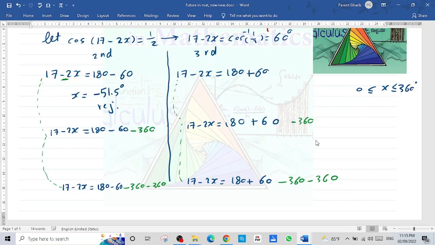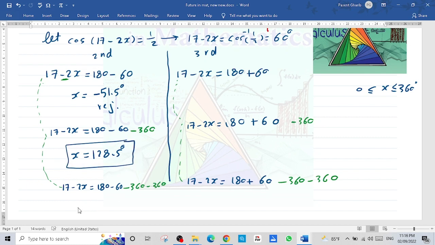Negative 51.5 is outside the domain, so it is rejected. In this case, x equals 180 − 60 − 360 − 17 from the other side, divided by negative 2. It is 128.5 degrees, and this is acceptable because it is inside our domain.